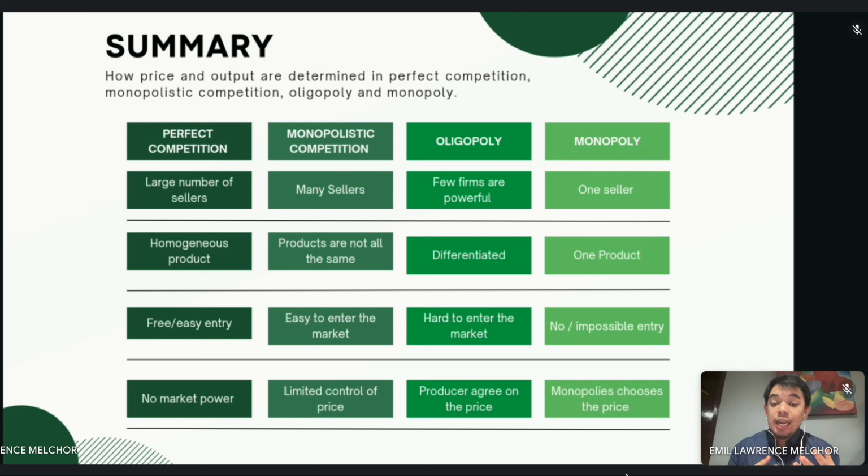So as I mentioned before, they can collaborate. These powerful firms like Google and Microsoft, as an example, can set prices to earn more profit. For monopoly, there can be one seller. There could be one product. There's no or impossible entry. Like for example, Meralco. And monopolies choose the price. So they can choose the price on their own since they are classified as a single firm, the one offering products or services on their own.